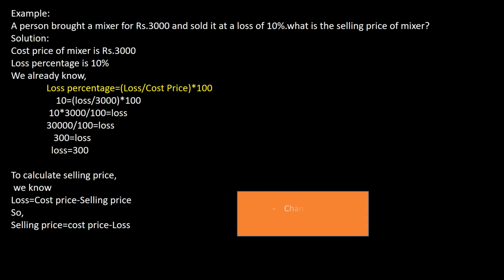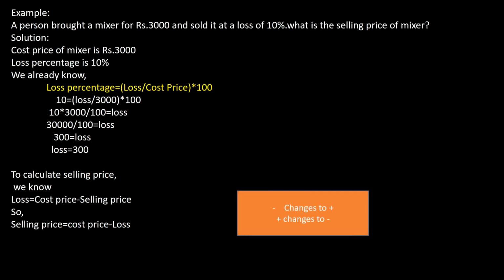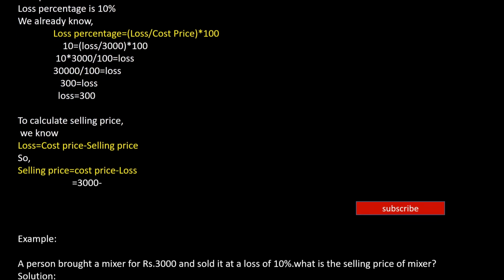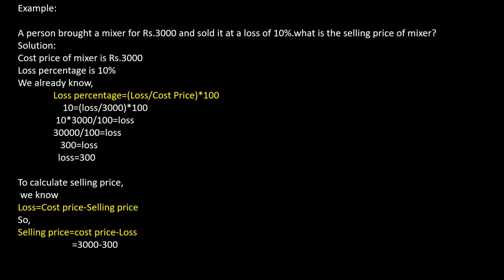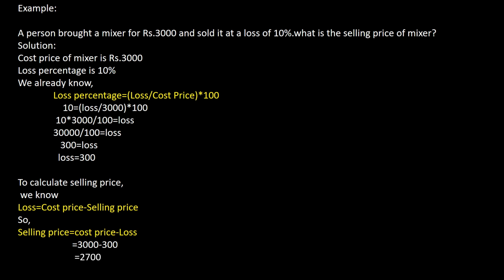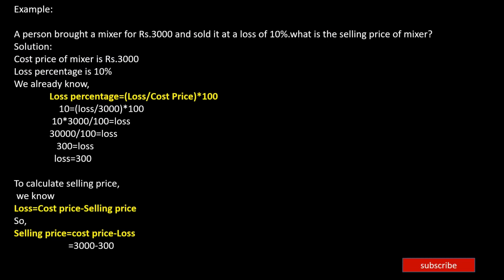Since we bring selling price to the other side, minus changes to plus, while we bring loss to the other side, plus changes to minus. Now by substituting the value of cost price, that is 3000, and the loss 300, by subtracting we get the answer as 2700. So thus the selling price of the mixer is 2700.